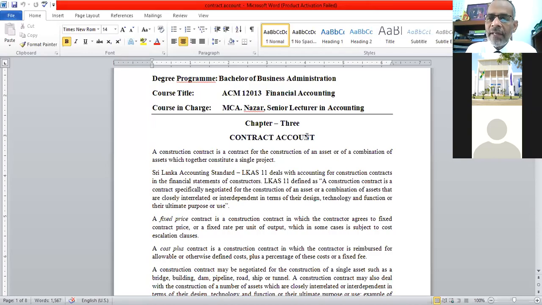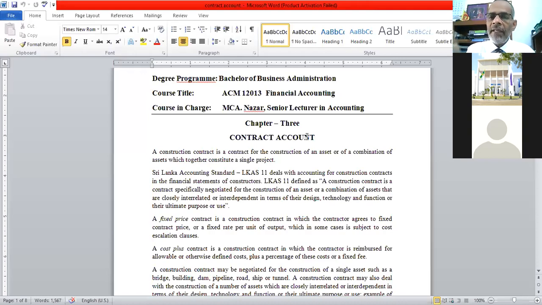When they are doing the construction, there will be a lot of expenditure, whether direct expenditure or indirect expenditure. Some expenditure is directly involved in that particular contract, while other expenditure is incurred in the construction in an indirect manner. Therefore, whether it is direct or indirect expenditure, it should be incorporated into the construction account for the particular period.